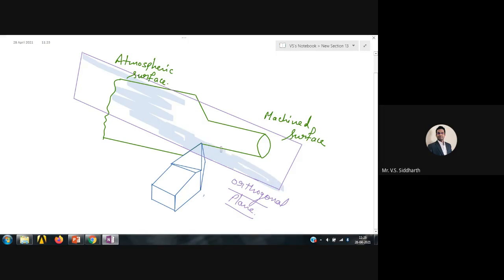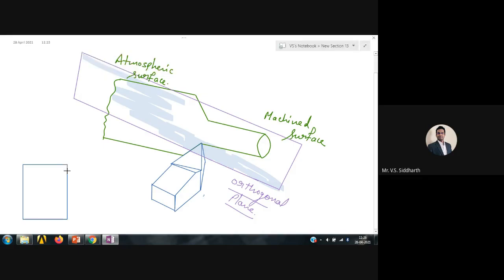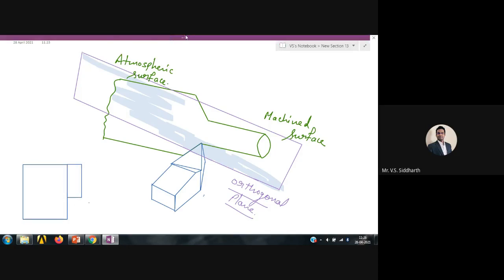So in the sectional view, the cut view, will you be able to see the machined surface? Say yes or no.